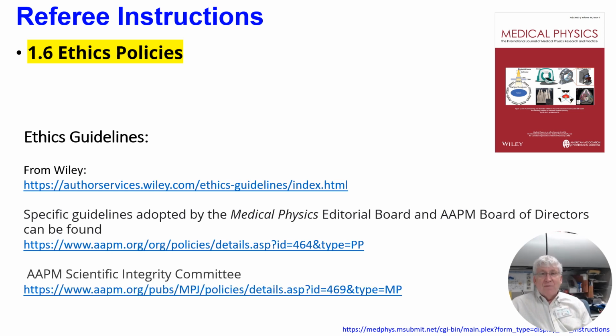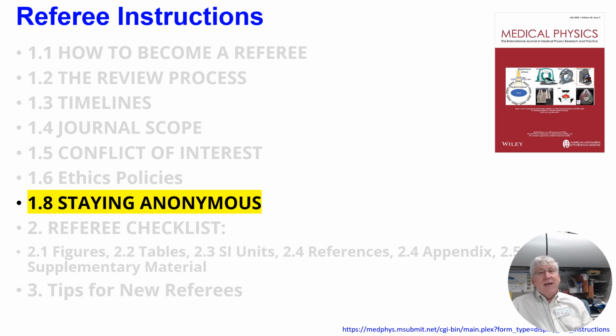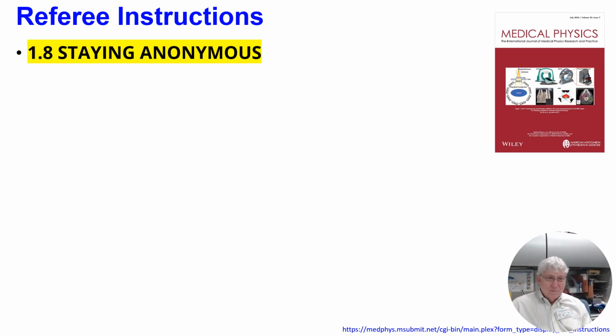And they're also available from the Scientific Integrity Committee, which does evaluate any issues that might arise in either of our journals. Staying anonymous. So you're not just anonymous as a referee during that simple process. It is expected that this is not disclosed forever.